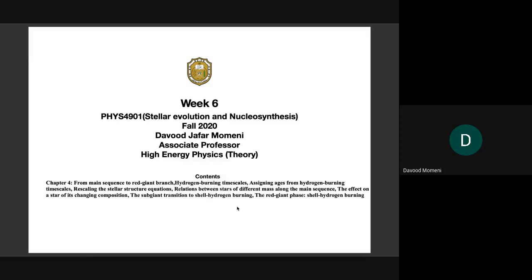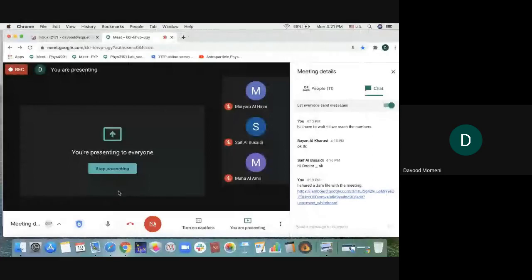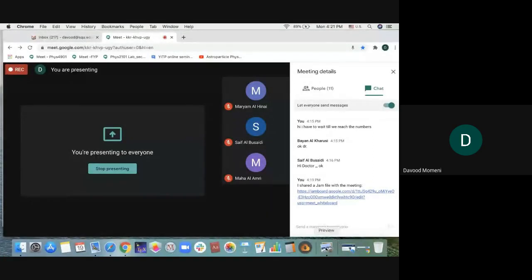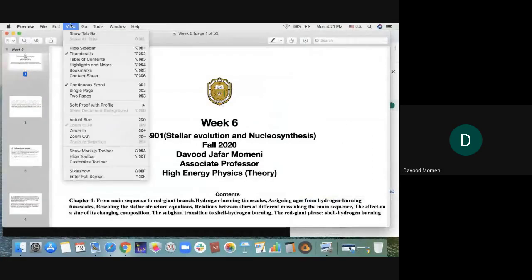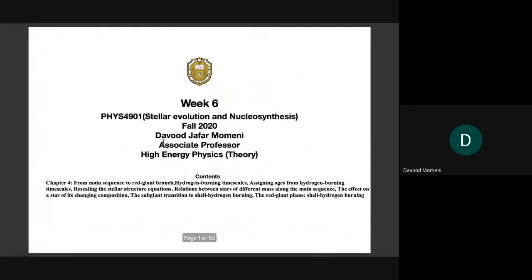And this chapter is a bit hard because there are many different concepts and many different mathematical steps, so we need to go slowly through this chapter.